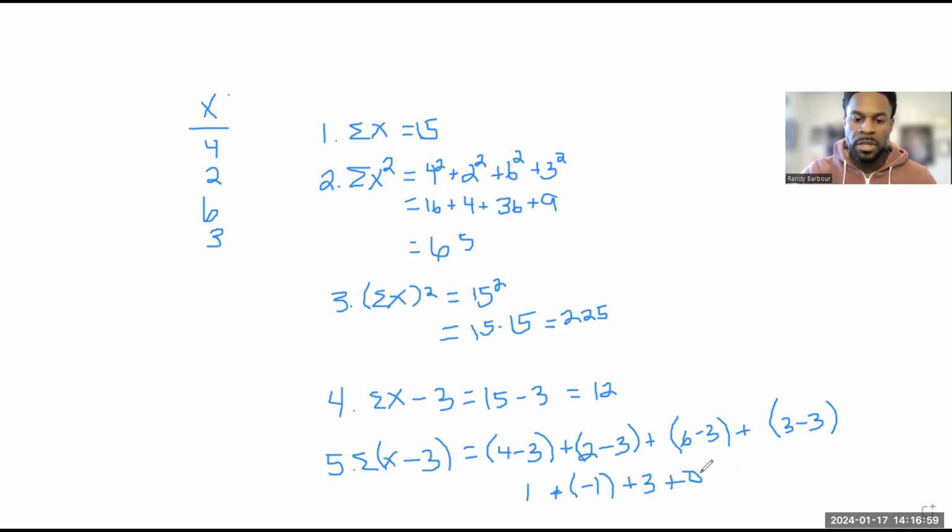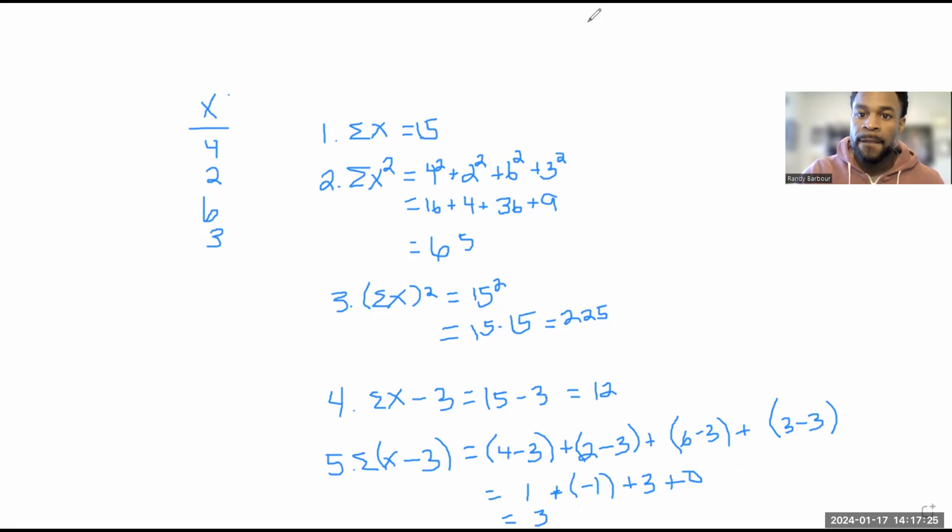If you add all these up, 1 plus a negative 1 is 0, plus 3 is 3, plus 0 is 3. So that should be 3. Okay, so those are how you solve all of these different problems, using the summation in order to find the solution to these problems.